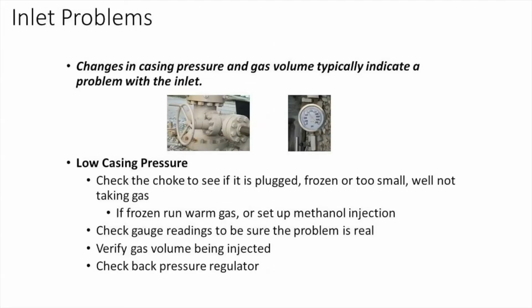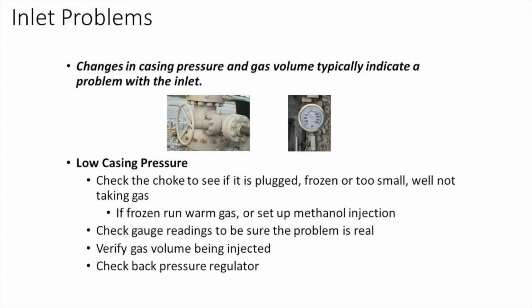So when looking at inlet problems, the biggest one we find is low casing pressure. This can be identified through our TID matrix by looking at that low percentage and understanding the low casing pressure versus flowing tubing pressure. And so this is one issue that can be identified through your well optimization.